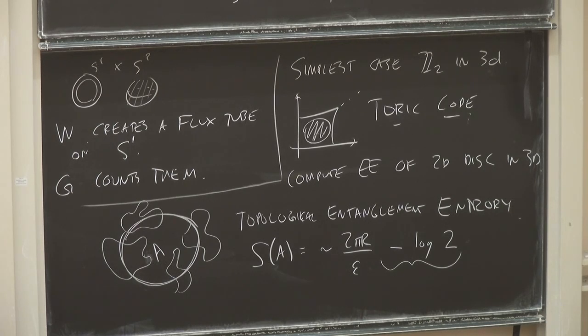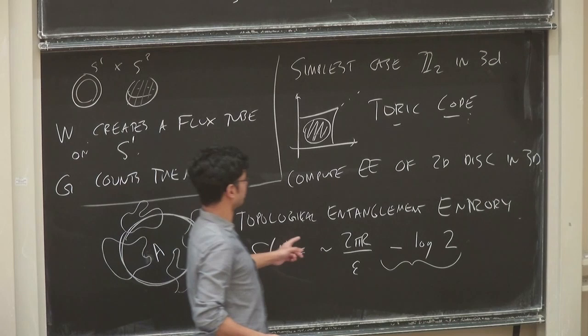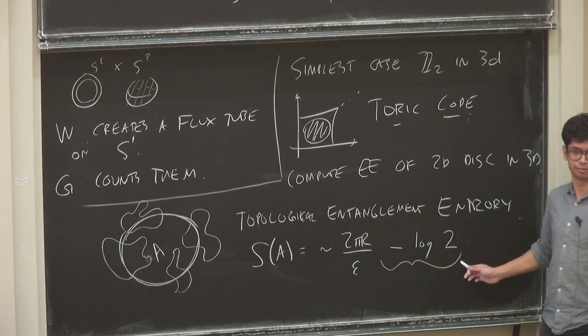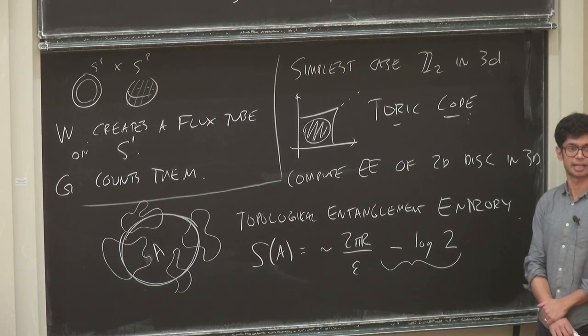Take many disks, create these branch cuts, sew them together, and eventually you sew it back again, and that gives you some sort of complicated three-dimensional manifold with some topology. Then you evaluate that partition function coming from that action on that non-trivial topology. That gives you some sort of answer. And then you digest that answer and you find that it has this UV divergence minus this thing coming from there. That's another way to calculate that.